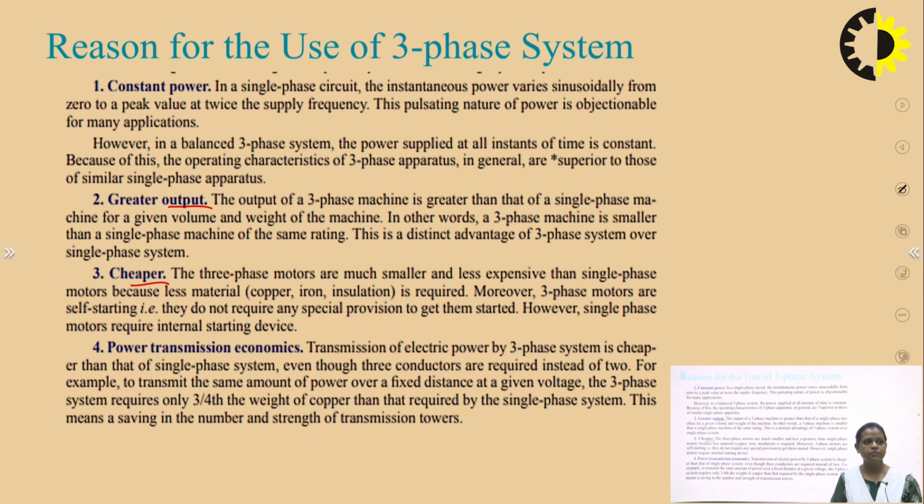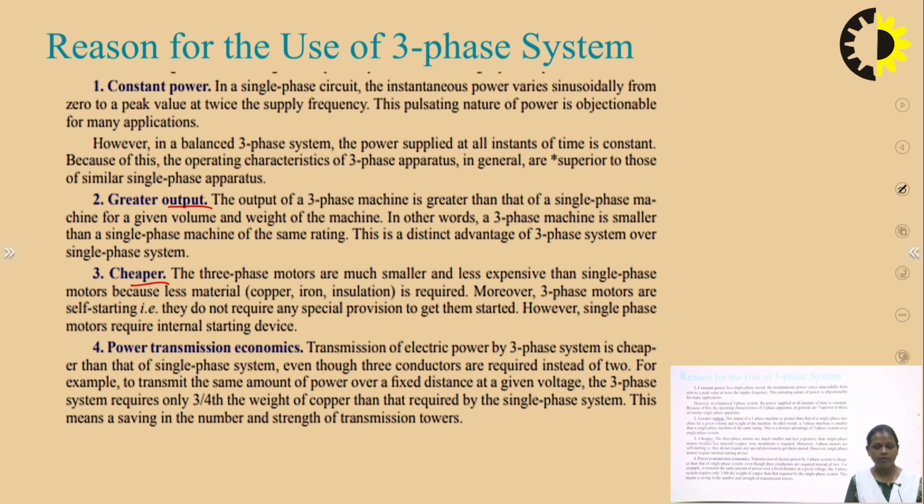However, single phase motors require an internal starting device. So when we discuss single phase motors and three phase motors, we will see that three phase motors are self-starting, no extra provision is required to start that motor. And single phase motors are not self-starting, extra provision is required to start that motor. So this is the very main advantage of this.